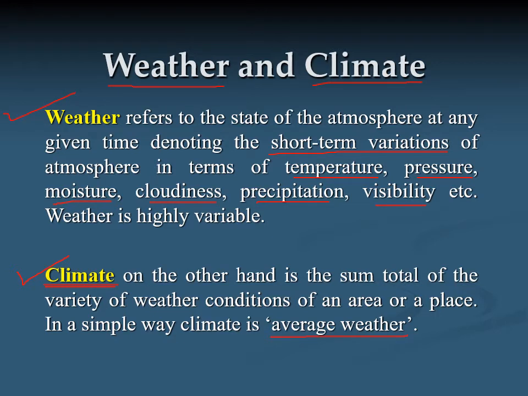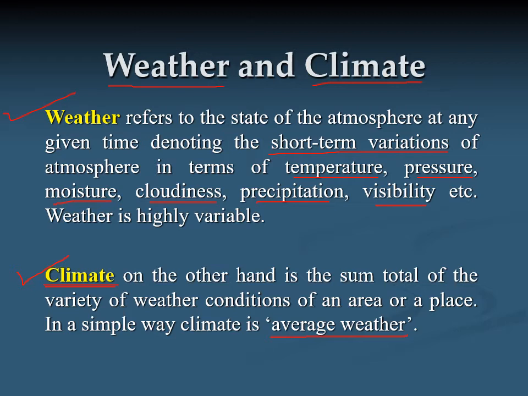Say for example, in your hometown, throughout the entire year, you will witness hot summer, then the rainy monsoon times, then autumn, then winter, and the year ends with spring. So throughout the entire year, you will witness every weather condition.